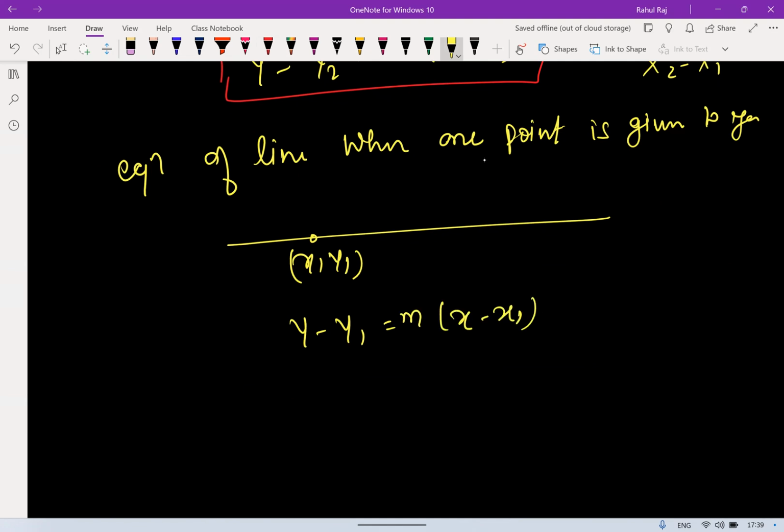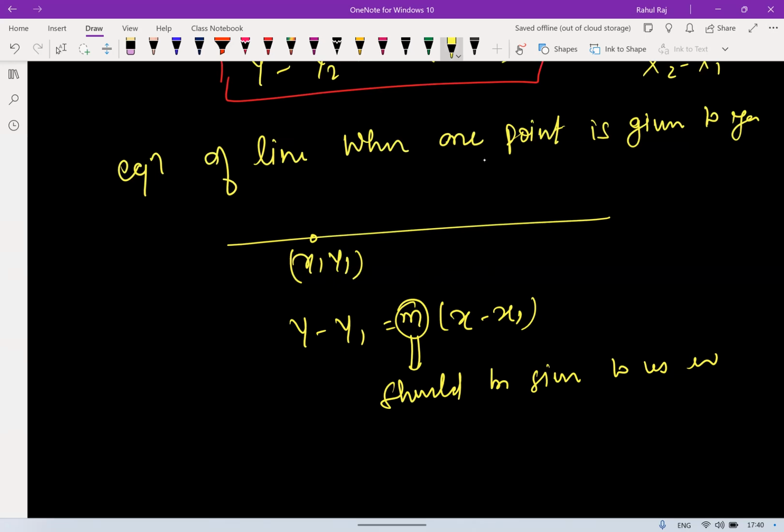The point is, if 1 point is given to us, we cannot find the slope of a line. And if we can't find the slope of a line, it means the slope should be given to us in the question. If they are asking you to find the equation of a line with just 1 point, the slope of the line will be given to you for sure.